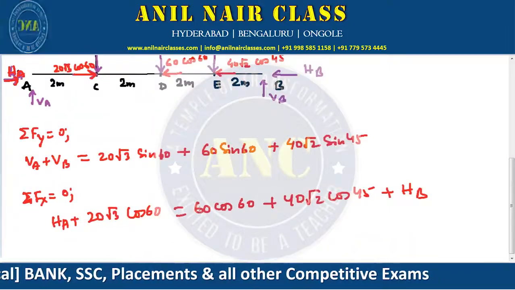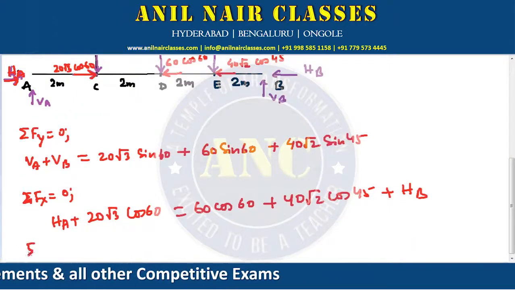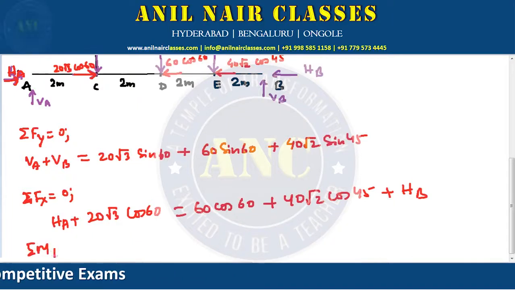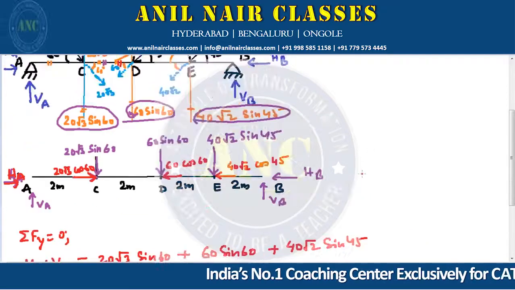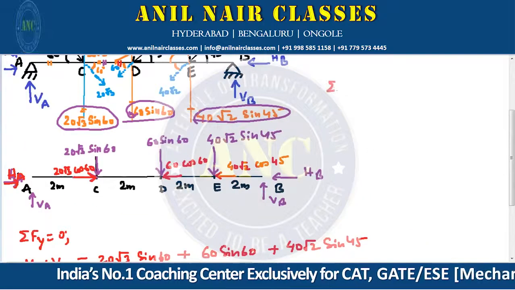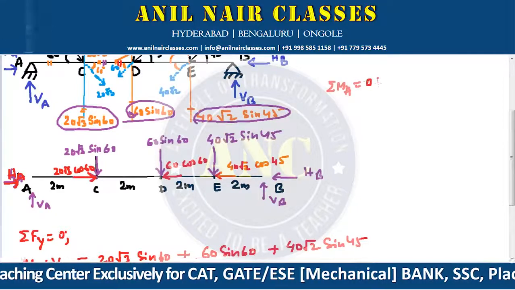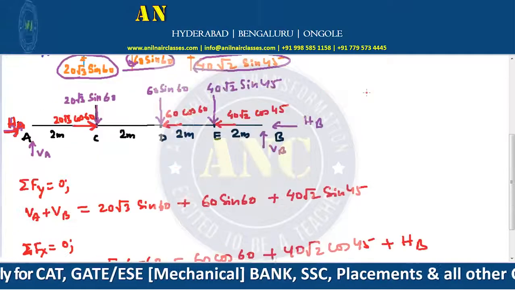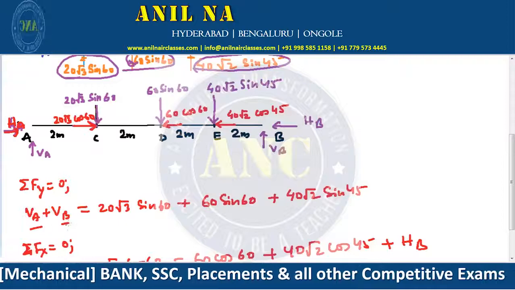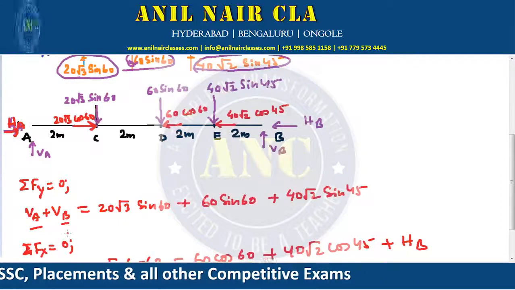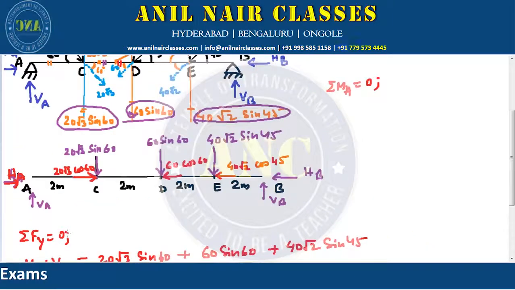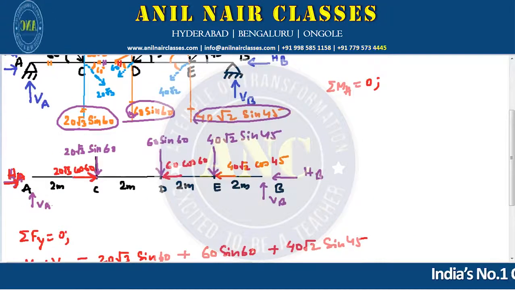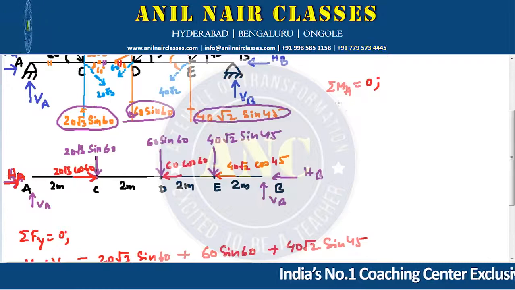Then we go for the moment, that is moment at A equal to 0. I'll write on the other side so that it is clearer. From the previous equation we have two unknowns, VA and VB, and we need these values most. Horizontal is not that important for shear force and bending moment, as vertical forces are important.